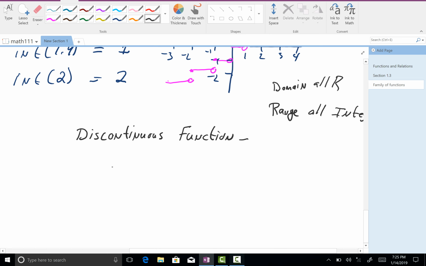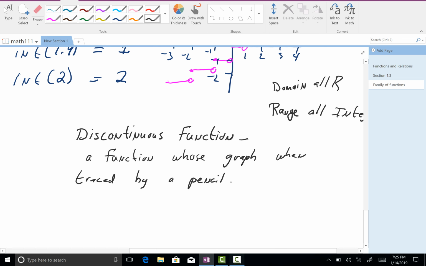A discontinuous function is a function whose graph, when traced by a pencil, pen, put in whatever you want, must be lifted to complete the graph.